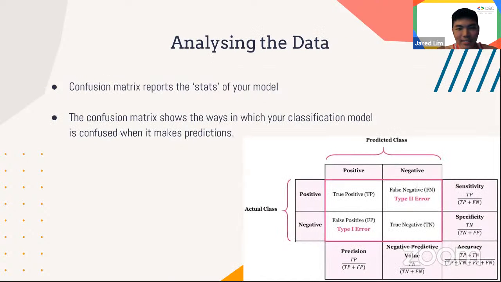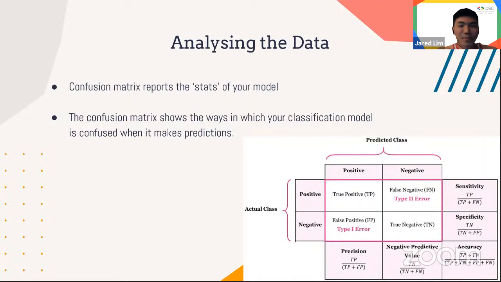And lastly, is analyzing the data. Whenever you use the classification algorithms on the different data sets, you want a good way to compare across the different classification algorithms. The industry standard is really just the confusion matrix, which basically shows the way in which your classification model is confused when it makes predictions.